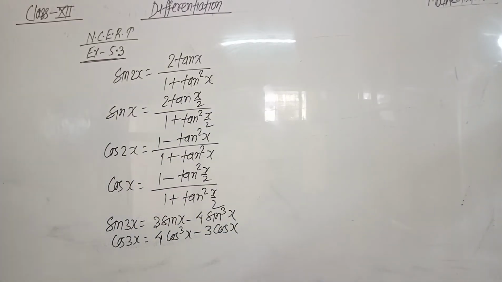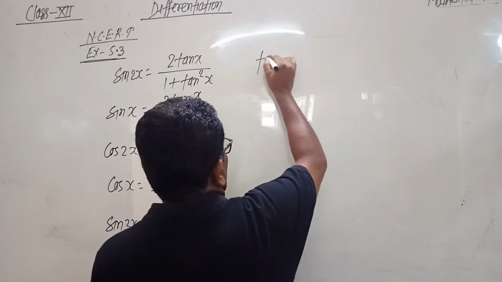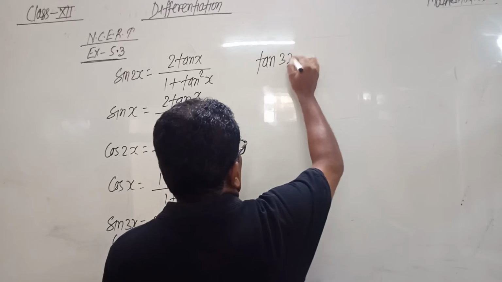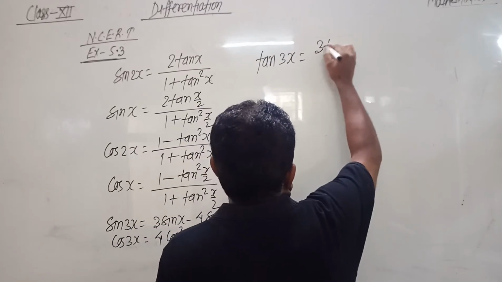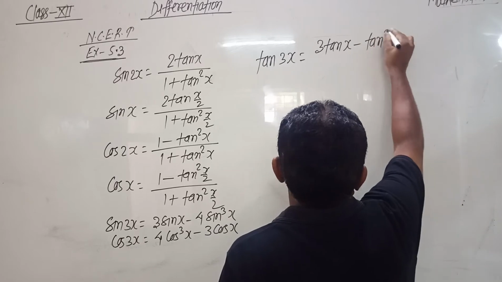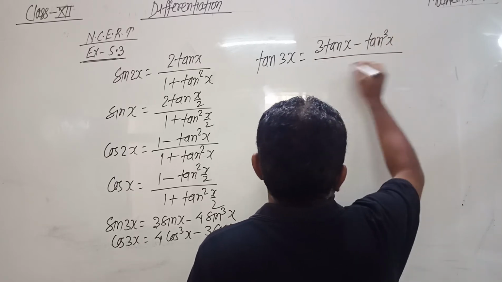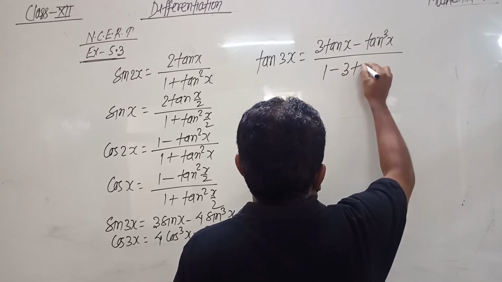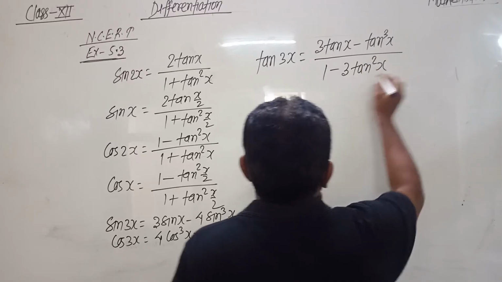The formula for tan 3x is 3 tan x minus tan cube x upon 1 minus 3 tan square x.